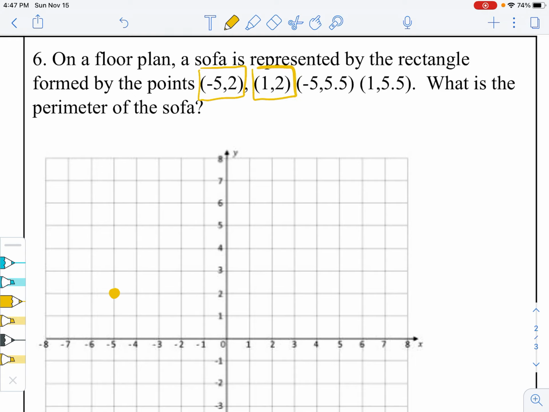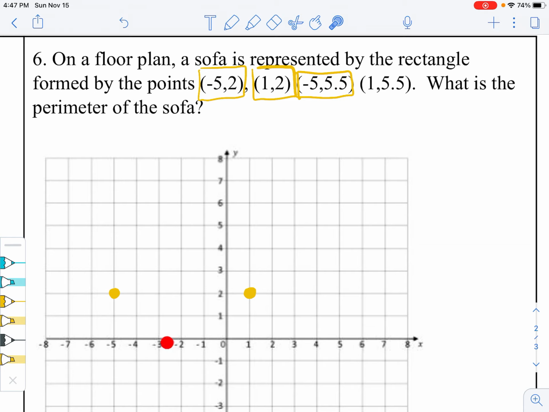In the next one, we have 1, 2. So we are at 0. We're going to go to the right 1 and then up 2. So our point is going to be right here. In our next point, this one is a little bit trickier. We have -5, 5.5. So we start at the origin.